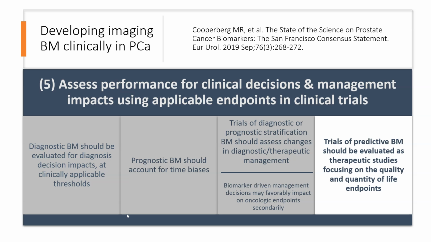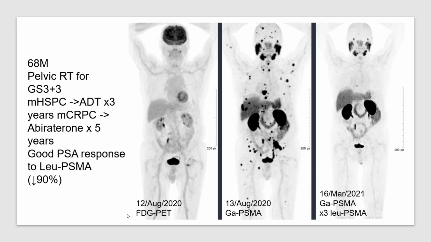Finally, we need to talk about trials of predictive biomarkers. Now, predictive biomarkers should be evaluated as therapeutic studies focusing on quality and quantity of life. One of the biomarkers that we discussed originally was the presence of PSMA-avid disease to predict for the likelihood of benefit to an anti-PSMA directed therapy.